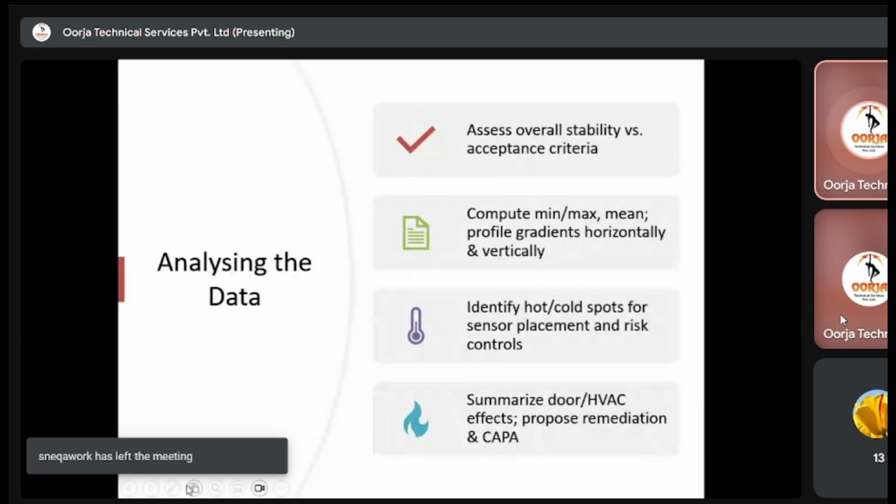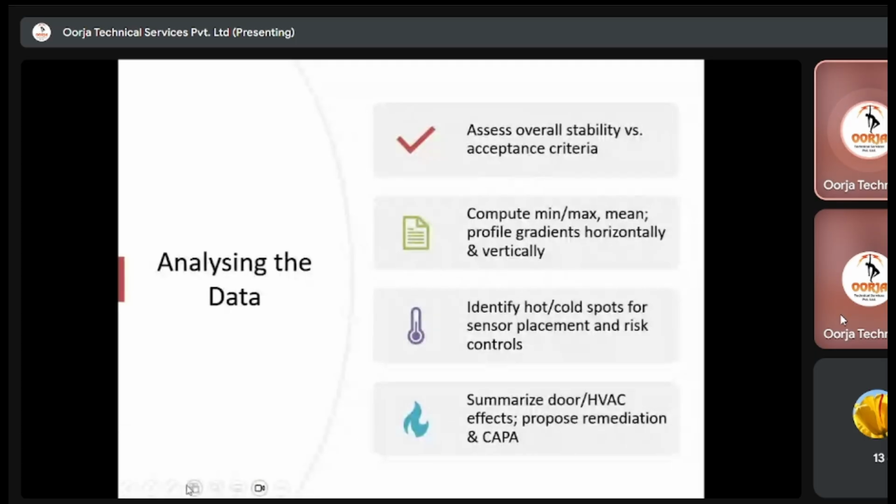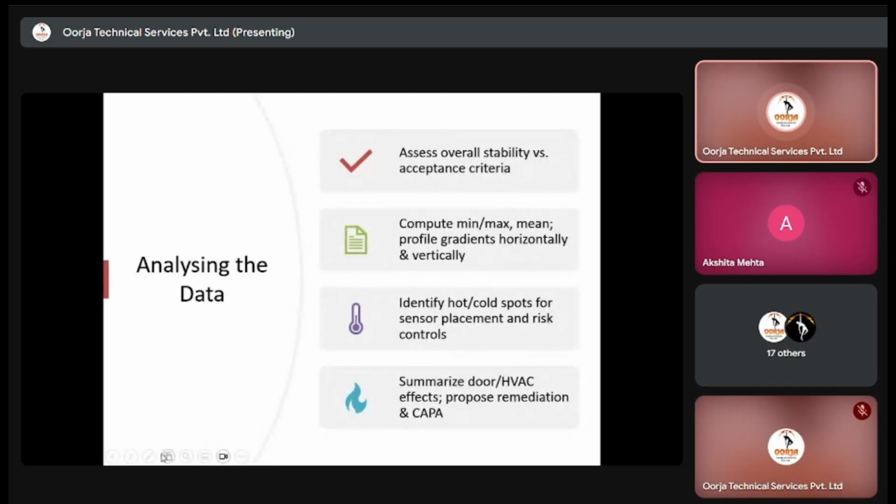Now, why are hot spots and cold spots important? Because once we have information about any hot spot and cold spot, these are the areas which have the maximum risk to exceed the limits, basically the worst case.